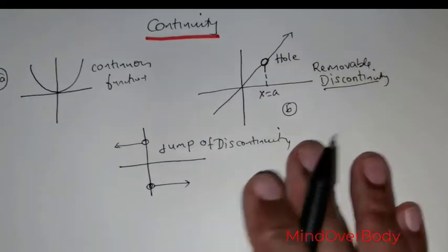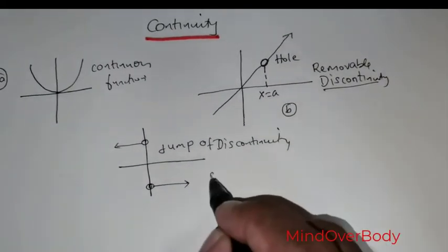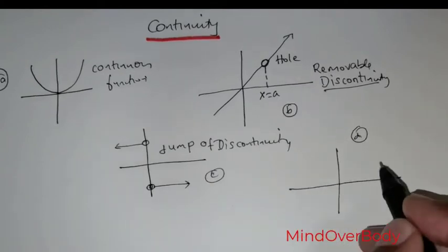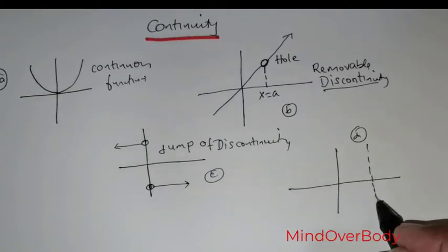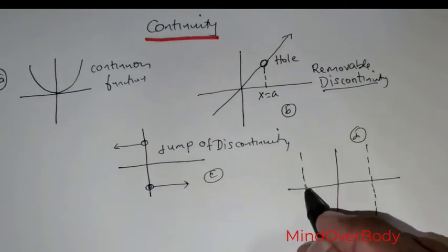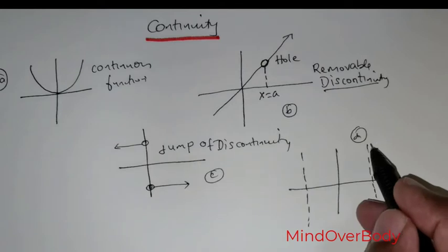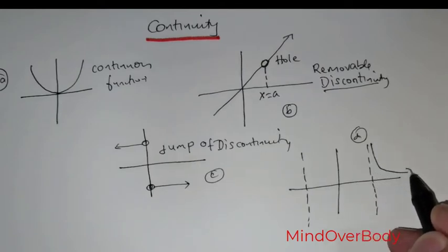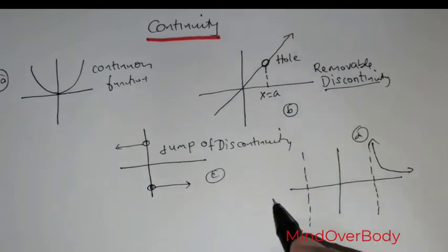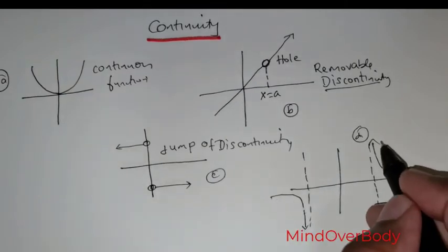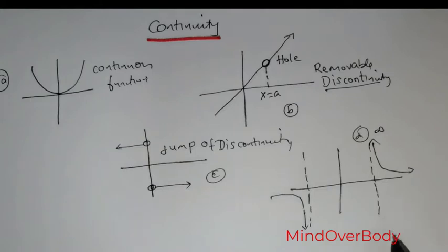And there is another illustration also I wish to give you. Suppose you have an asymptote like this, and you have functions moving like this. Now in this case we have a function which is actually moving towards infinity on one side, and in this case it is moving towards negative infinity.